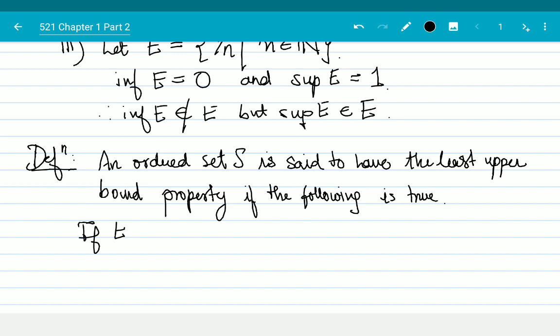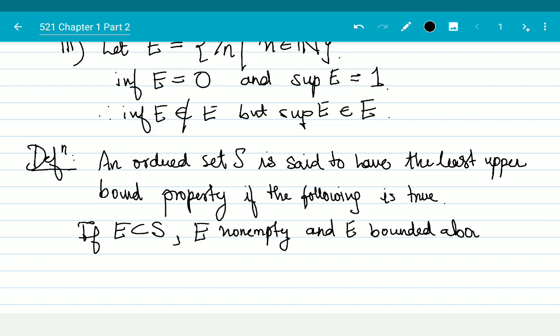If E is in S and E is non-empty, and E is bounded above, then the supremum of E exists.